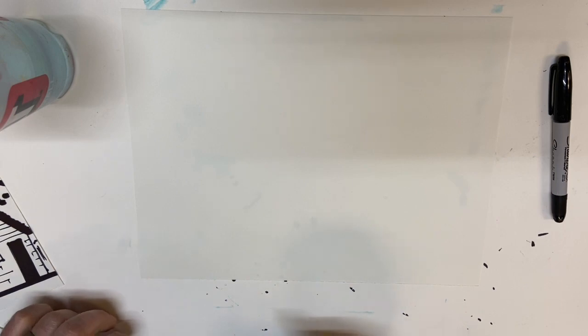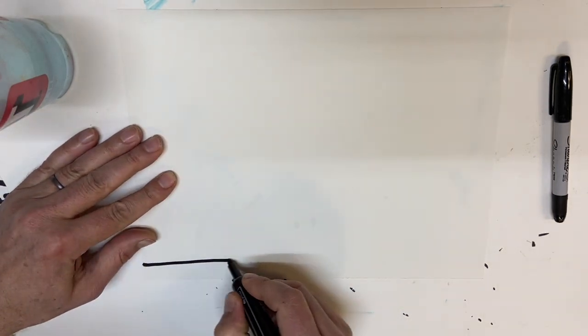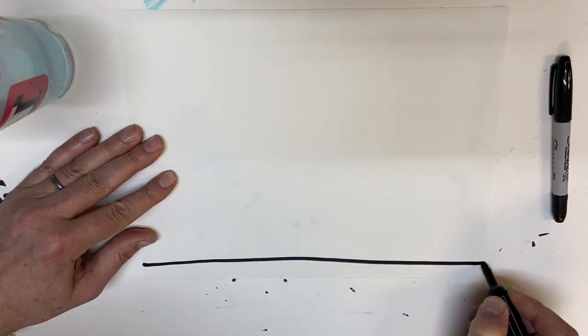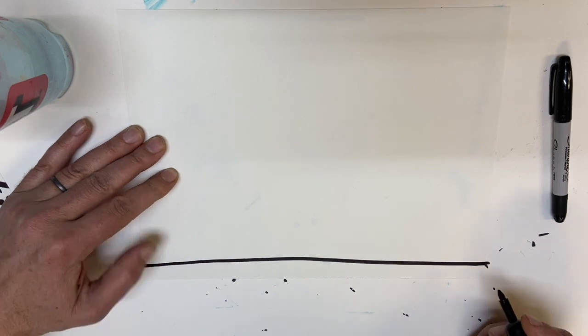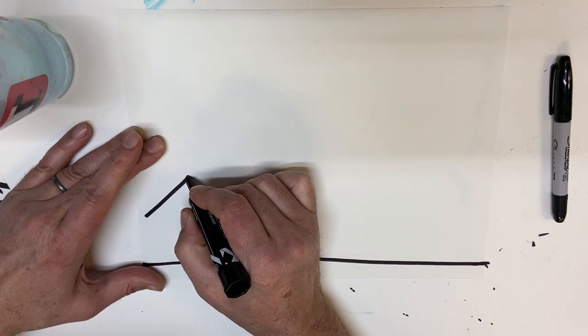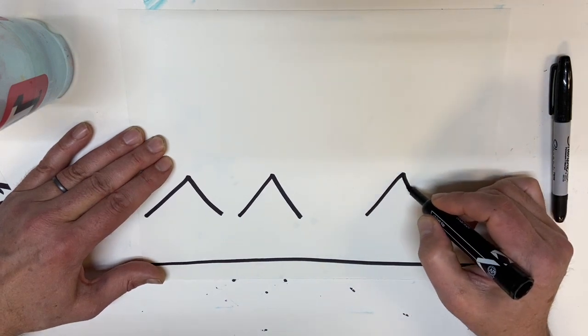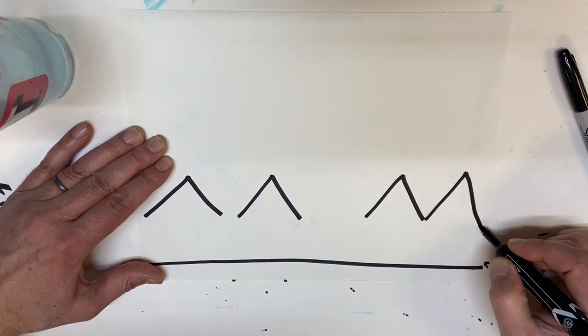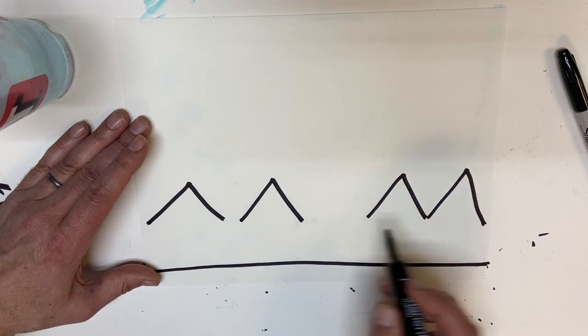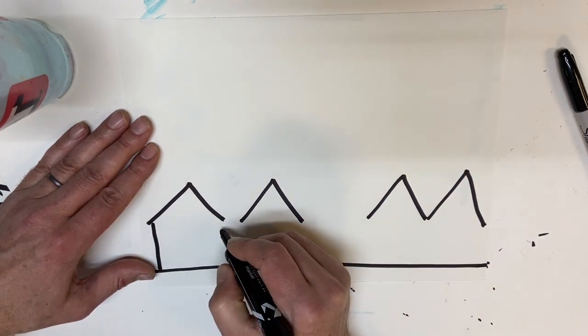I want to leave a little bit of room at the bottom. Try to go straight across. All right. Then I know I have 1, 2, 3, 4 roofs. That's already different than that.